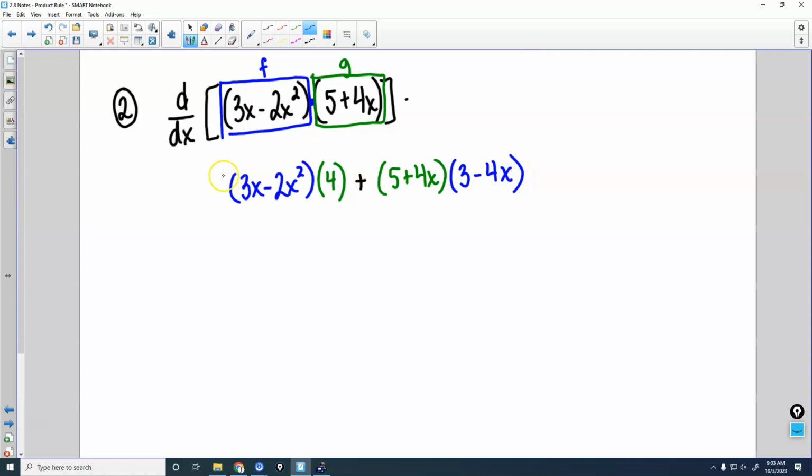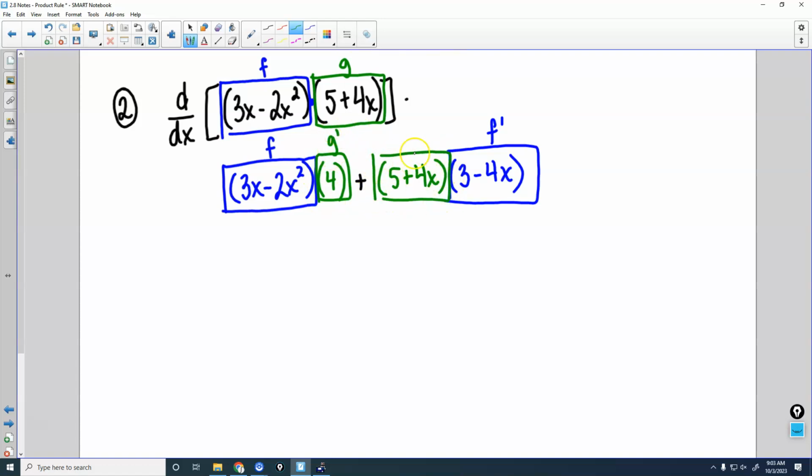There. So I'm going to label just so everybody's got it, this was our f, this was the f prime, this was our g prime, this is our g, and then this one you would want to simplify.